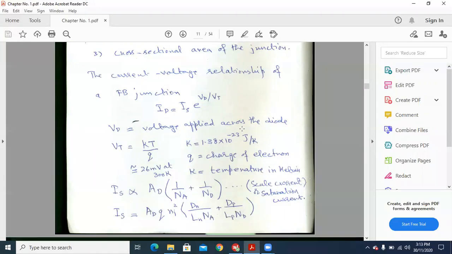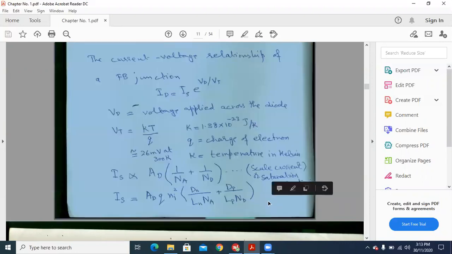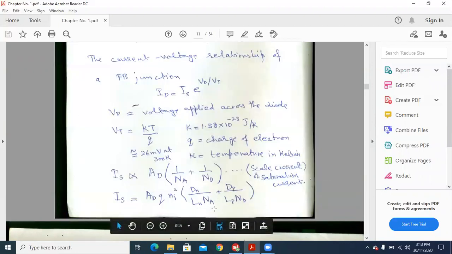And the value of IS is defined by the doping concentration and the length of depletion region at N and P side.